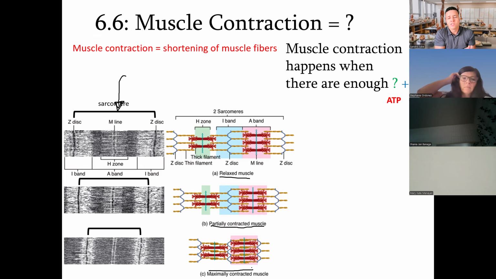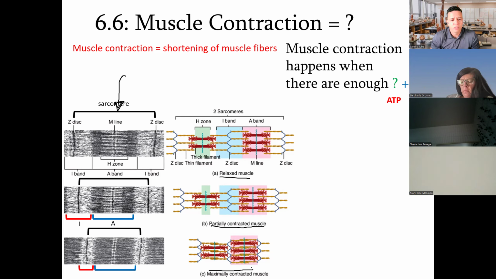Now, what exactly is becoming shorter? Is it the light band or is it the dark band? Well, let's check. If you compare the light band of a partially contracted muscle and a fully contracted muscle, we can again clearly see that the light band is shorter. What about the dark band? Well, let's check right here.